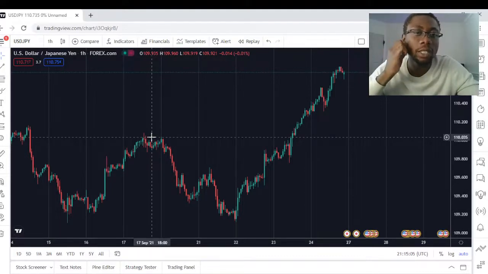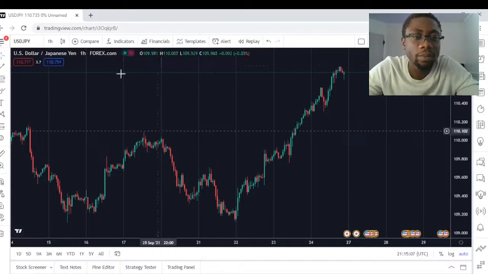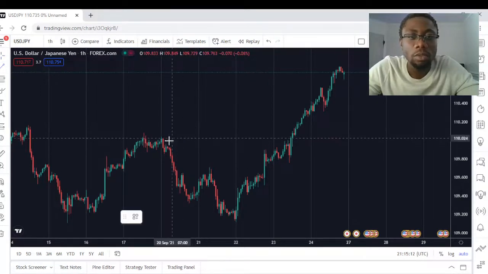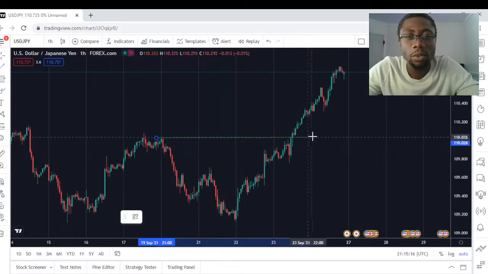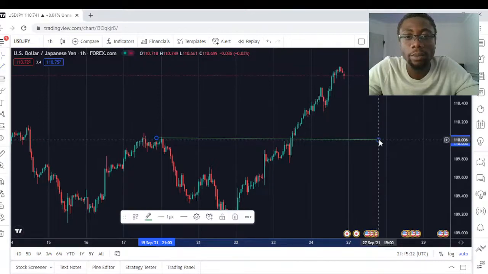So we have roughly 6 days of price action right here, where we're going to be able to draw our lines. Still, this day hasn't been broken twice. It's only been broken once. So we're going to draw that level and extend it all the way out.